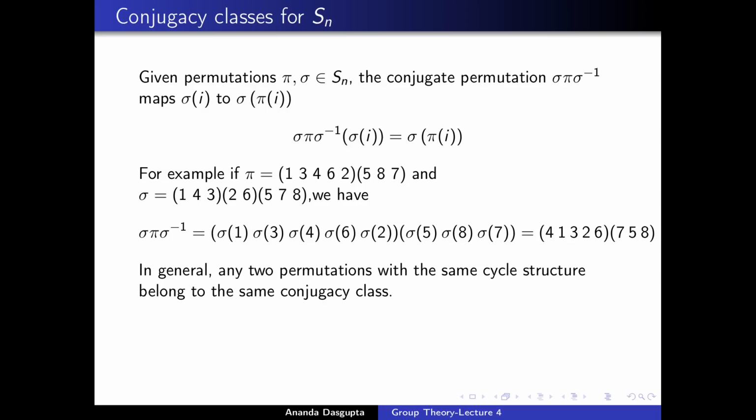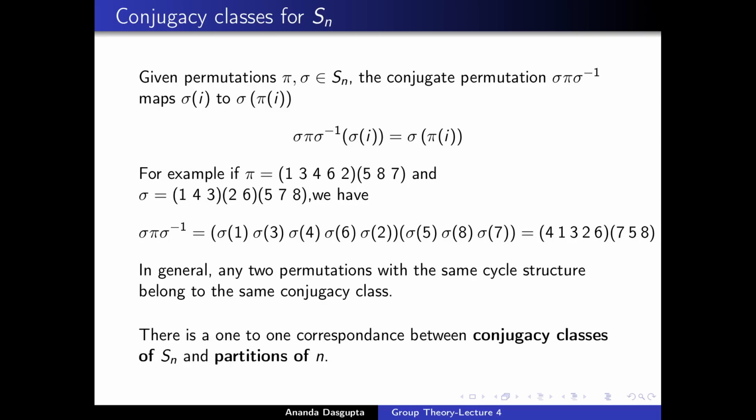Now, the cycle structure essentially says in how many different ways can you break up the integer n into pieces. And this breaking up of an integer into non-negative pieces is what is called a partition of the integer in number theory.